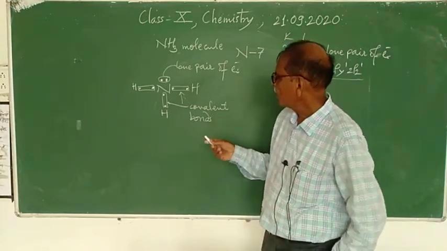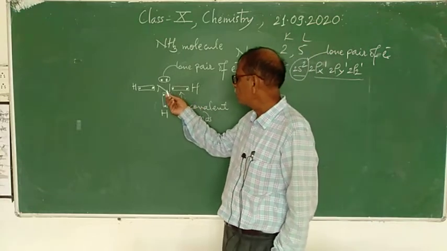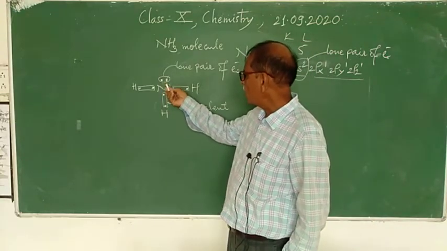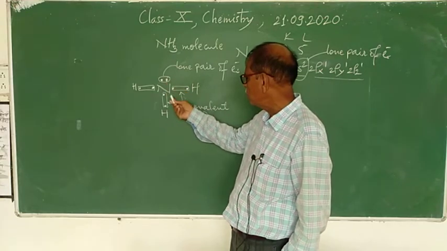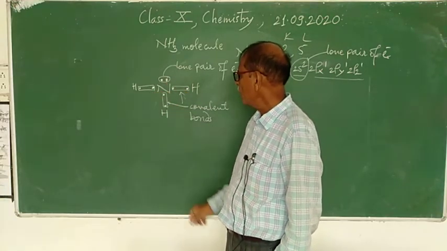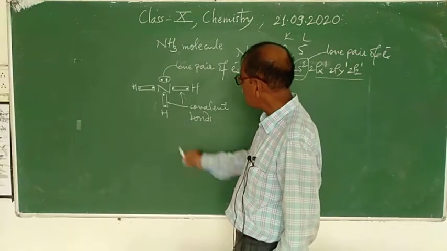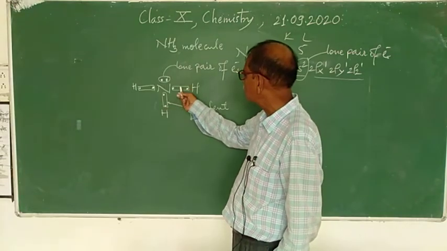Count the electrons in the outermost shell of nitrogen. The octet for nitrogen is completed, 2 plus 2 plus 2 plus 2, 8 electrons, and the duplet for hydrogen is completed.